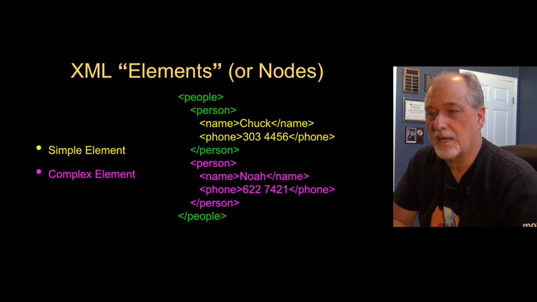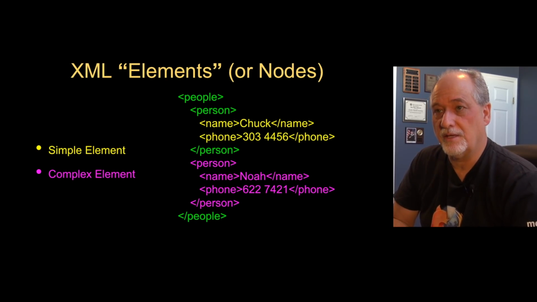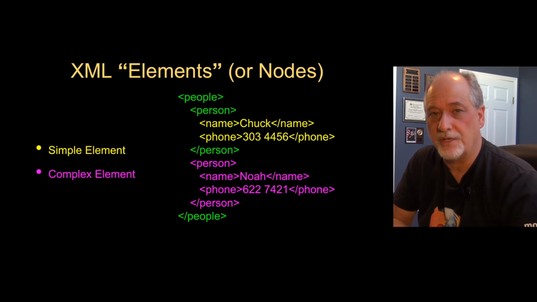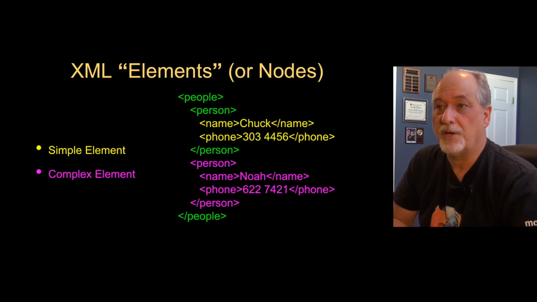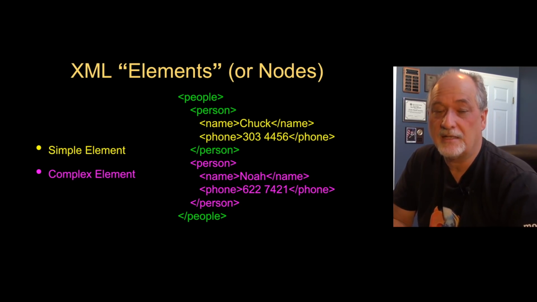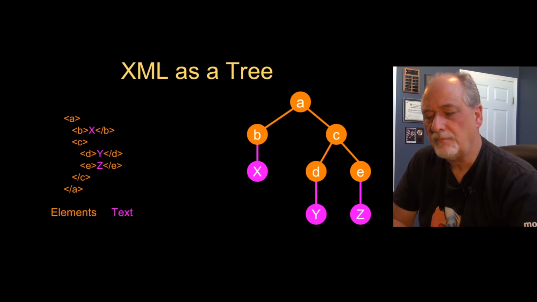So one of the concepts is that there is a hierarchical structure within an XML document, and there are parent nodes and child nodes, and you can think of these as simple nodes, that is a tag and some data, or a complex element that has a tag that includes other tags, some child tags. And there's a couple of different ways we can take a look at this.